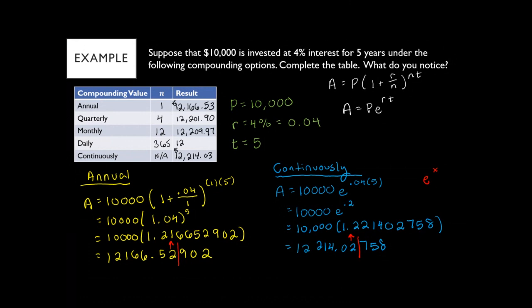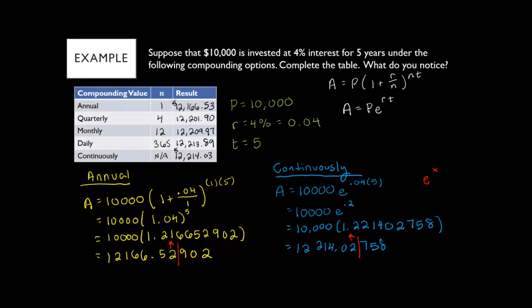And then $12,213.89. And so you can see the pattern. The more times you get interest, the more money you will have in the end. And that's the power of compound interest, is that the more times you leave it in there, the more interest you get, the more money you have in the end.